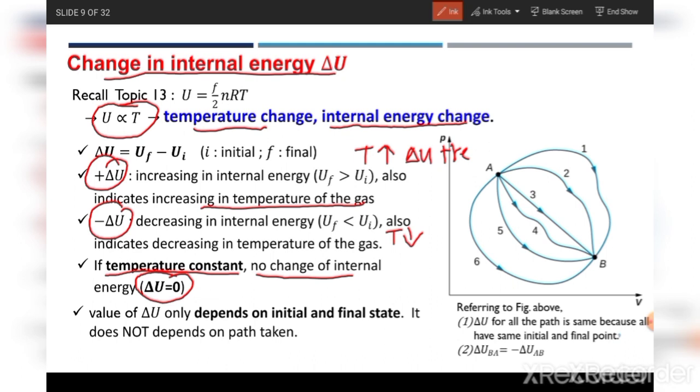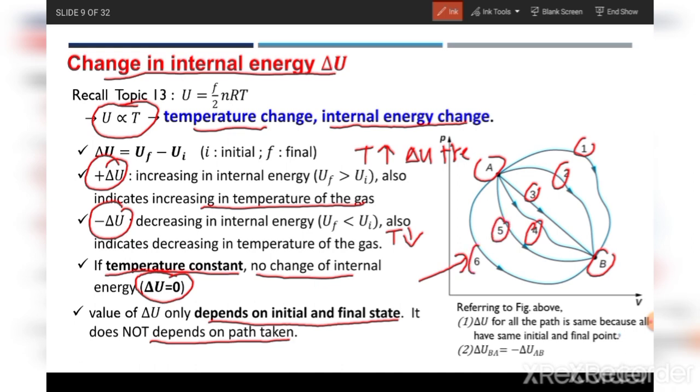Delta U also depends on the initial and final state. It does not depend on the path taken. For example, you can see this diagram. The path taken is from A to B, and we have six paths: 1, 2, 3, 4, 5, 6.